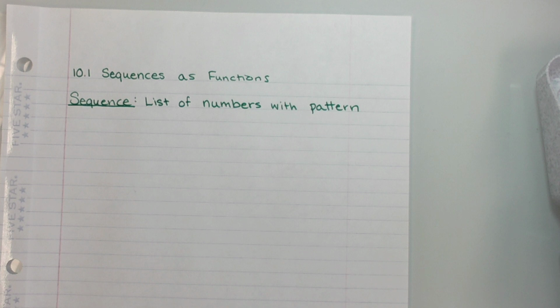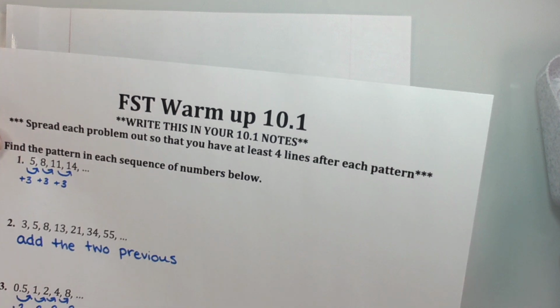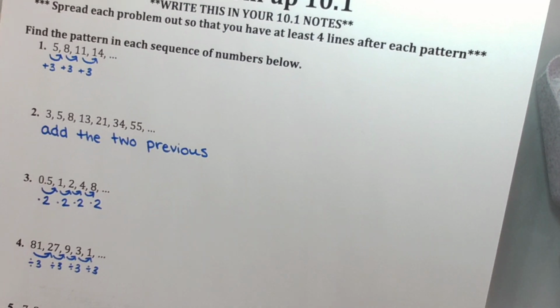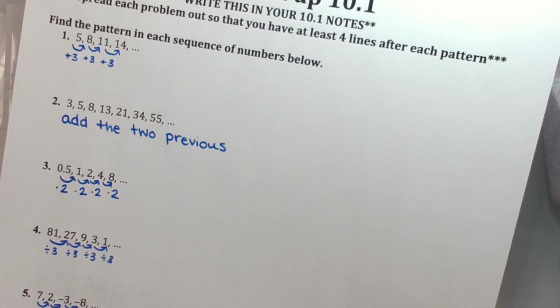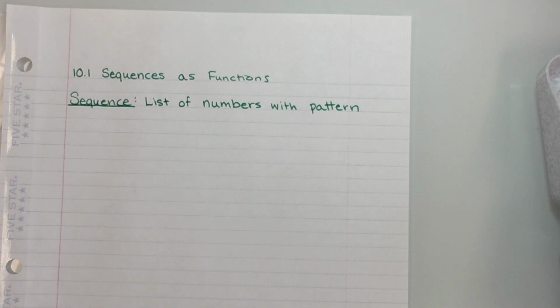Now, when you are talking about a sequence, did you notice that on every single one of these, they ended with an ellipsis, the ... saying it goes on forever? That's a key thing to know about a sequence. Sequences go on indefinitely. We cannot list out an entire sequence. We'd be here our entire lives trying to do it.